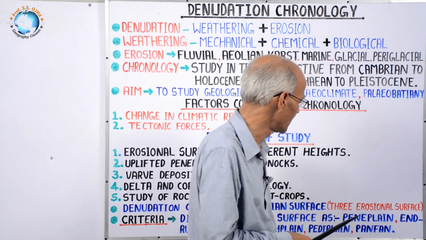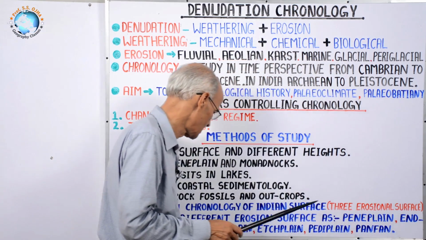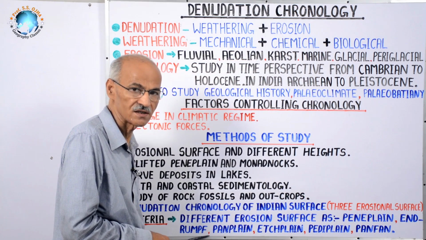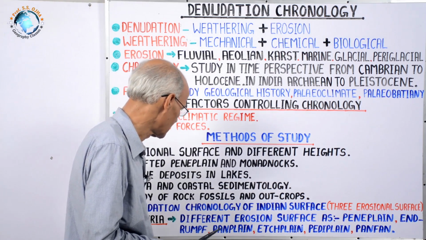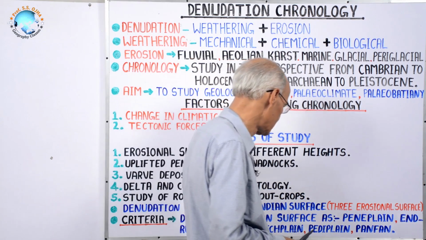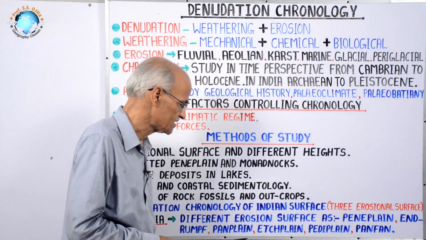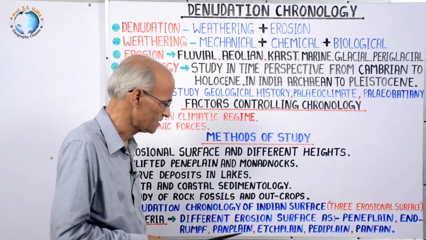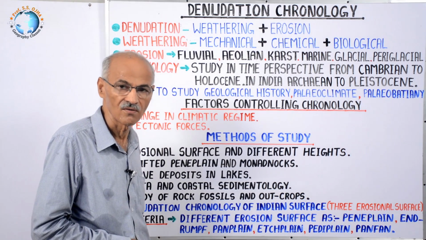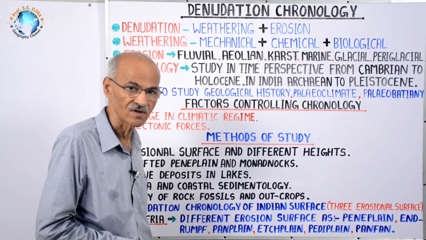The term peneplain was devised by W.M. Davis. Likewise, Walter Penck introduced the term endrumpf, which is also the penultimate or last stage of an erosion cycle. Likewise, there are pediplain, panplain, pediplane and pediment terms, which are also given by L.C. King, Crickmay and other geomorphologists in different regions. These are developed either by fluvial process, aeolian process, semi-arid process or in savanna region process.